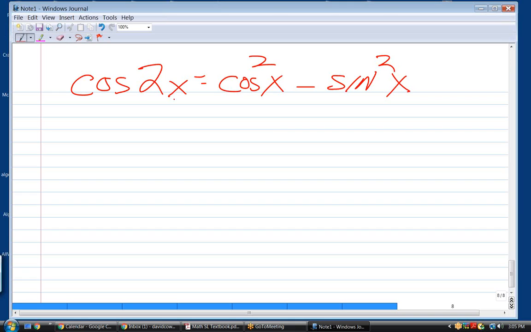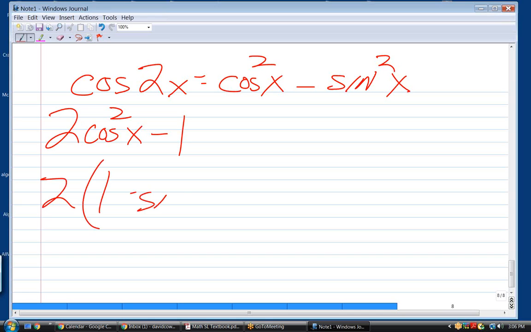If I wanted to prove it with some degree of difficulty, I suppose I could do something like 2 cosine squared x minus 1. And now instead of cosine squared x, I'm going to put 1 minus sine squared x. You with me? Yes. And that equals cosine squared x minus sine squared x.